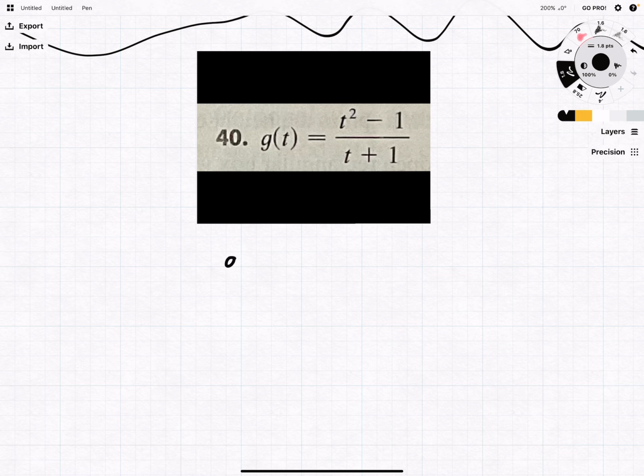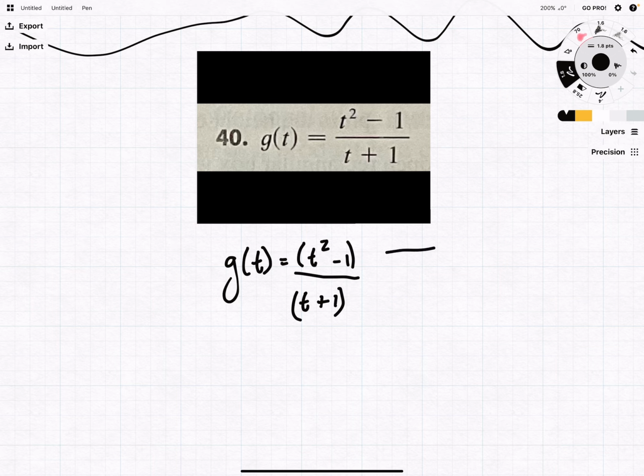So let's write this function out again. We have g of t equals t squared minus 1 all over t plus 1. And so hopefully there should be some alarms going off in your mind about this t squared minus 1 at the top.